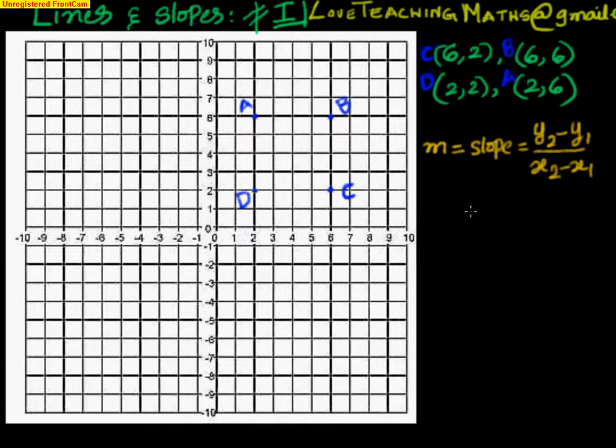In this particular video, our focus will be to find out the relation between the slopes of parallel lines and perpendicular lines. To do that, I have taken a simple example. If you see here, I have the coordinates A, B, C, D, and by looking at that picture, you can say that it's a square. So let me join the points of the square.